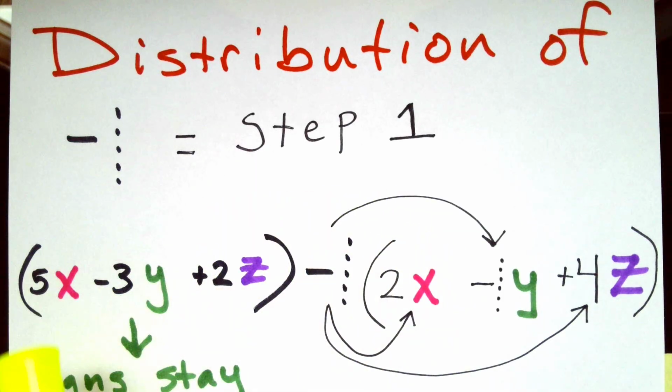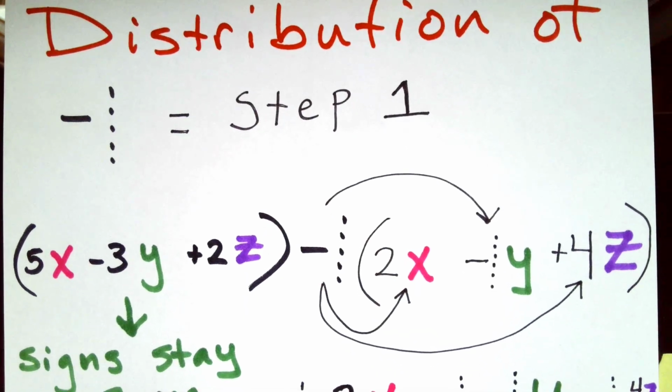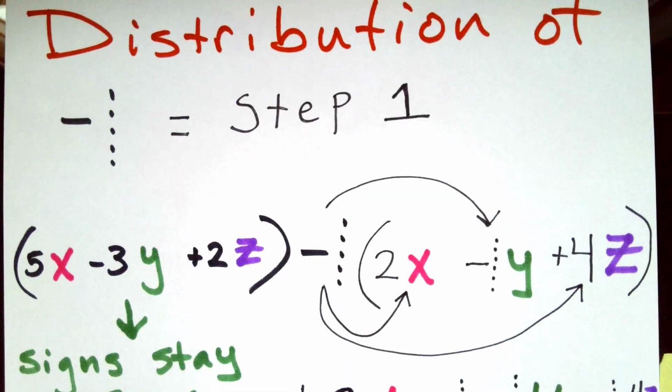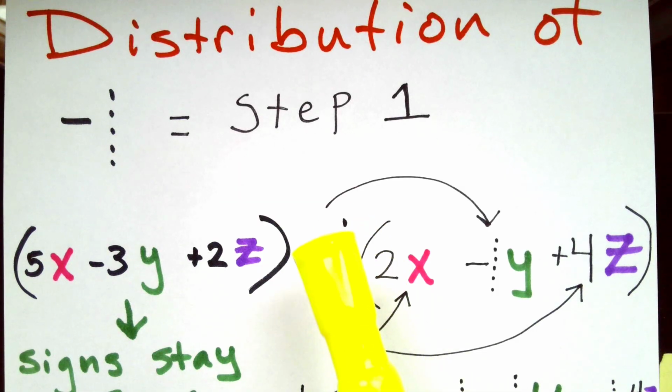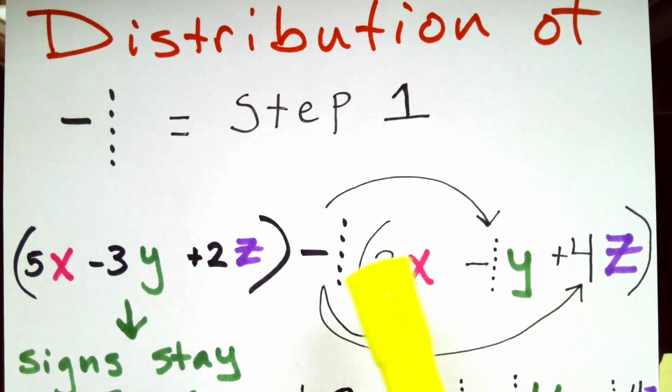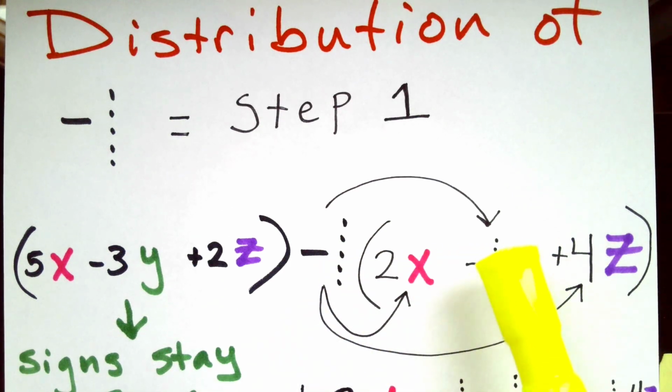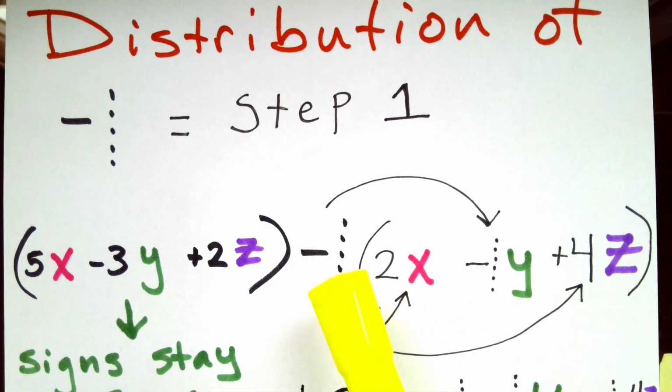So in this first step, all the terms on the left side inside the parentheses, those signs are going to stay the same. I want to show how they're going to stay the same. But then what we're going to do is take this negative invisible 1, and multiply negative 1 times each of these terms. Notice here I've put a dot, dot, dot. This is a negative 1y value. By placing these negative 1s, it really clarifies a lot that makes math so confusing to so many beginner students.